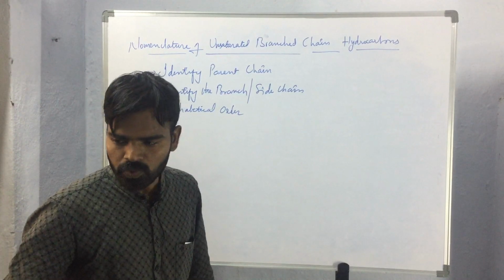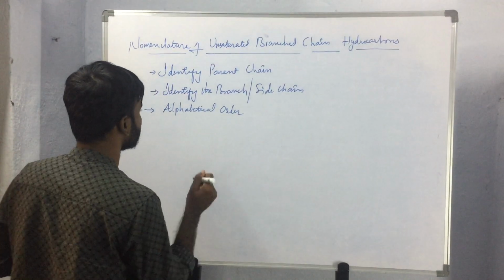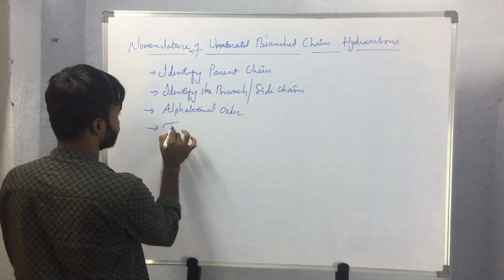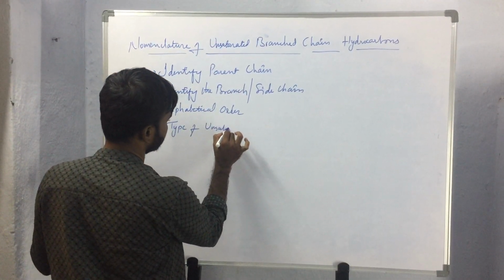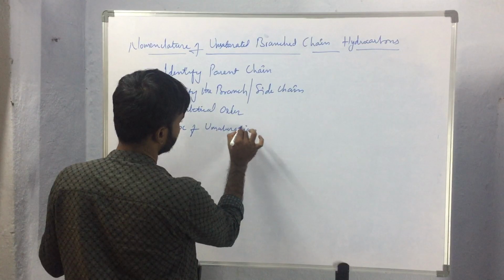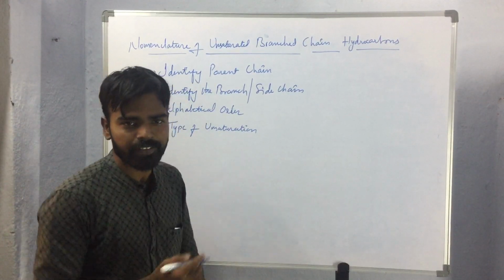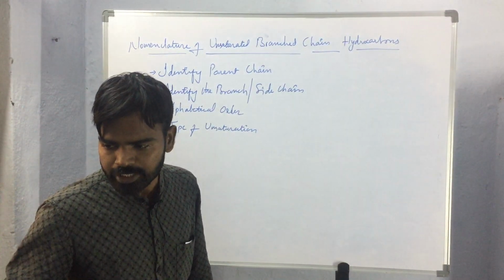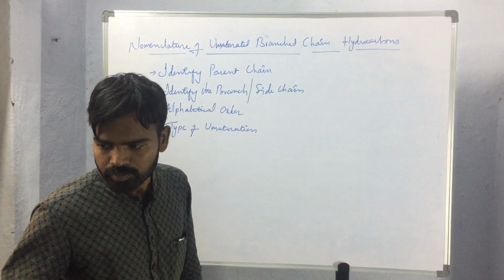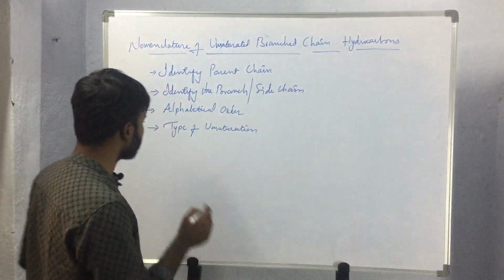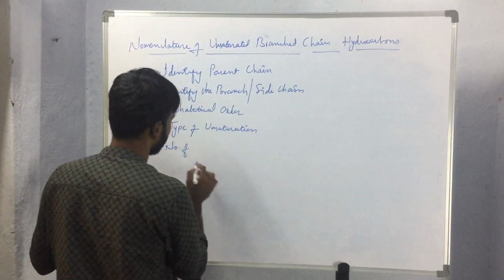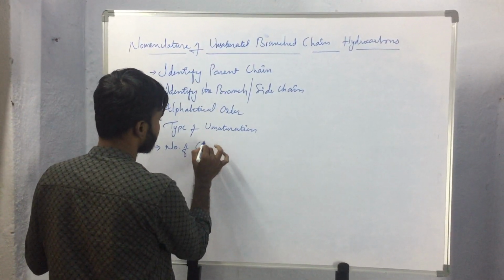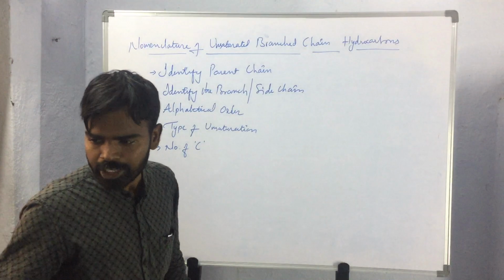Then we have to identify the type of unsaturation, and also the number of carbon atoms that are present in the parent chain.